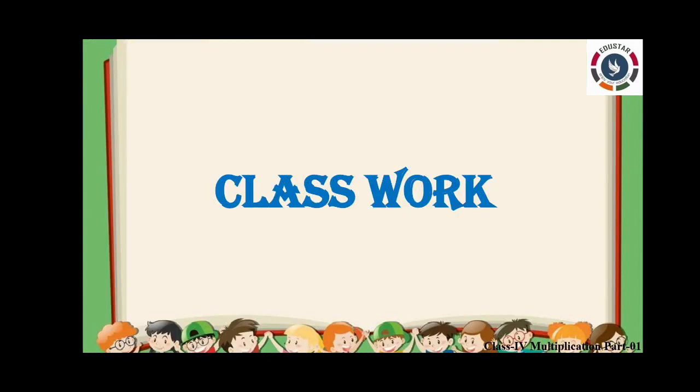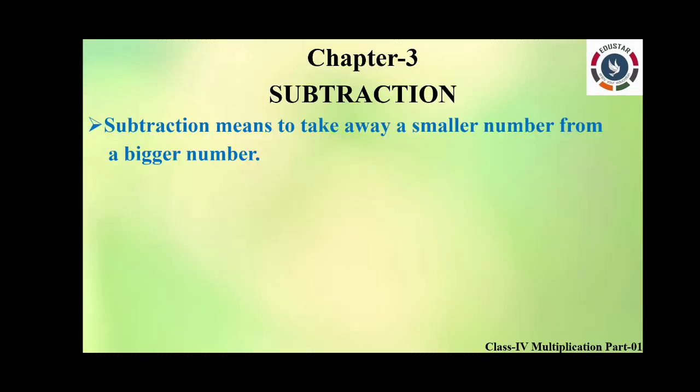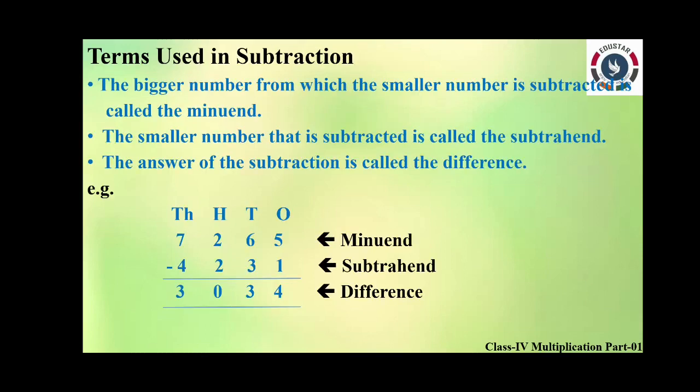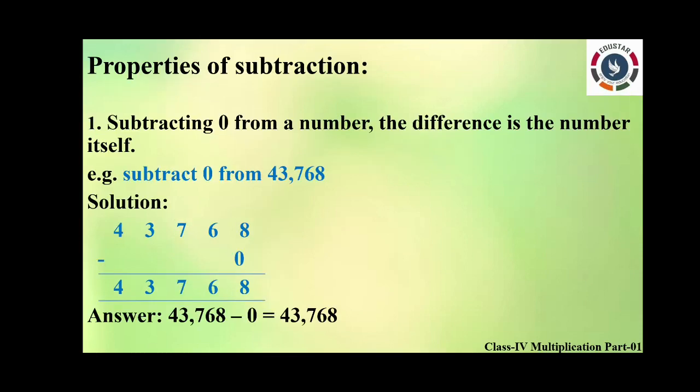Next, classwork to write in your math note. Chapter 3, Subtraction. Subtraction means to take away a smaller number from a bigger number. Next, terms used in subtraction and properties of subtraction.